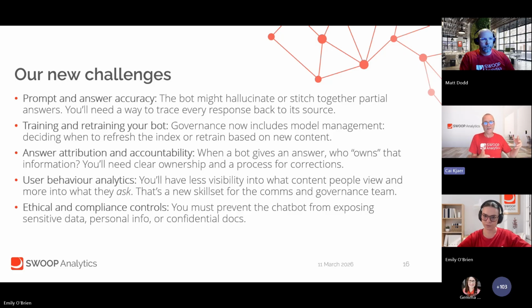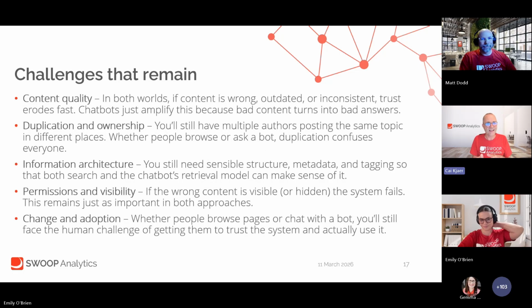So I think it's going to be really interesting to find out what people are asking, so we can ensure that the content and the intranet really meets the needs of our internal customers. And then, of course, there are lots of guardrails we need to put in place about ethics, security, control, privacy. But some of these things we have bumped into before. I think you can all recognize some of these things.